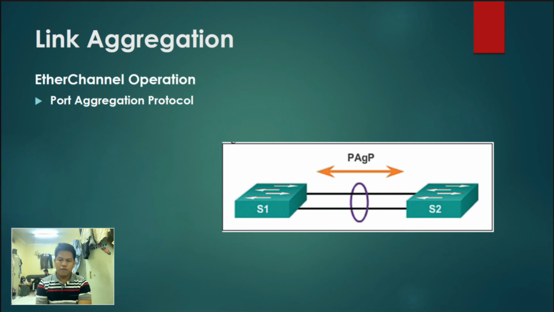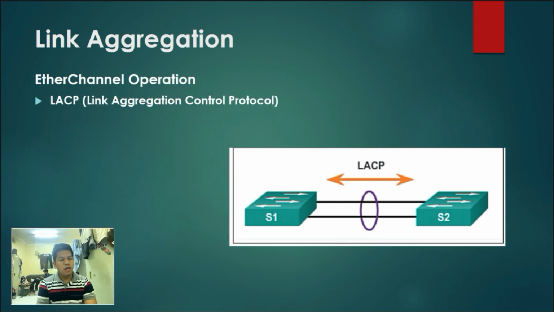As shown in this figure, PAgP is a Cisco proprietary protocol that aids in the automatic creation of EtherChannel links, while LACP, or the Link Aggregation Control Protocol, is part of the IEEE specification 802.3ad that allows several physical ports to be bundled to form a single logical channel, as shown in this figure.